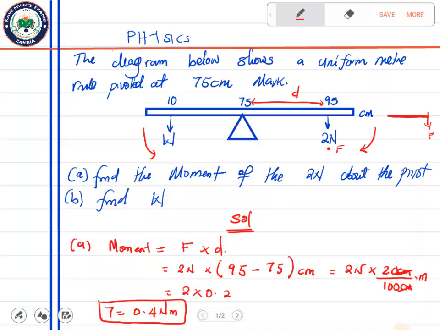So we go back. This is our anticlockwise direction, and this is our clockwise direction. So the moment of this force, so this is our W, and we need the distance from there to there, which will be 65, I guess, right? Yes.